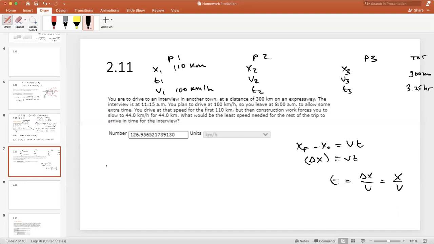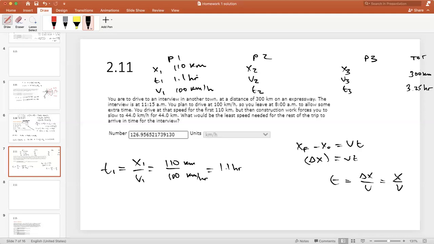So what is the time? Well, t1 is equal to x1 over v1, and that's 110 over 100 kilometers per hour. And you can do this without a calculator, 1.1 hours. So for 1.1 hours, we drive at 100 kilometers per hour, and we go a total distance of 110 kilometers.